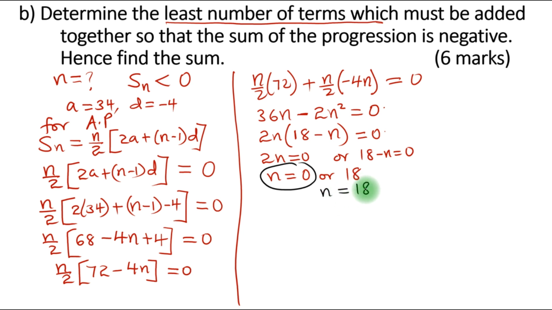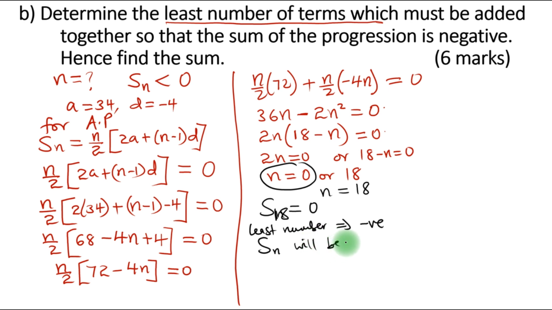When n is equal to 18, the sum of 18 terms will be equal to 0. Therefore, to get the least number of terms that gives a negative value, n will be 19.